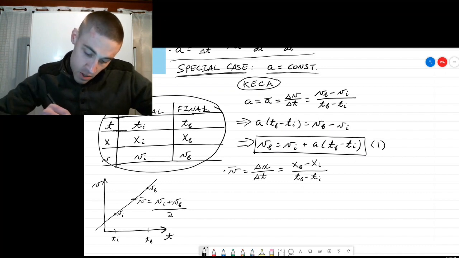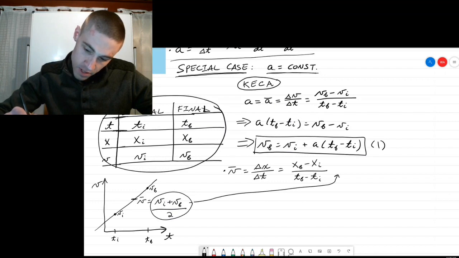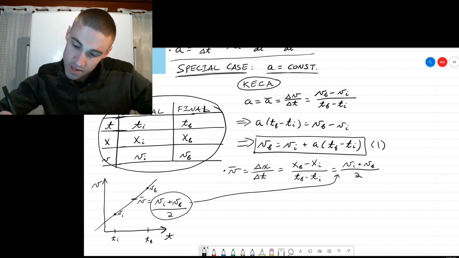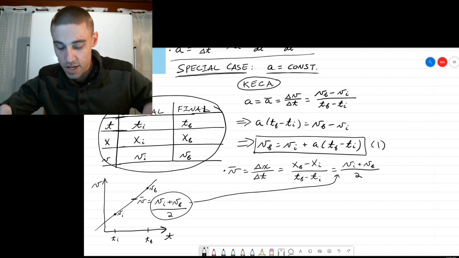And I can set this equal to v initial plus v final over 2. Let's say that I'm more interested in the position and how the position changes with time rather than the velocity of this particular object.